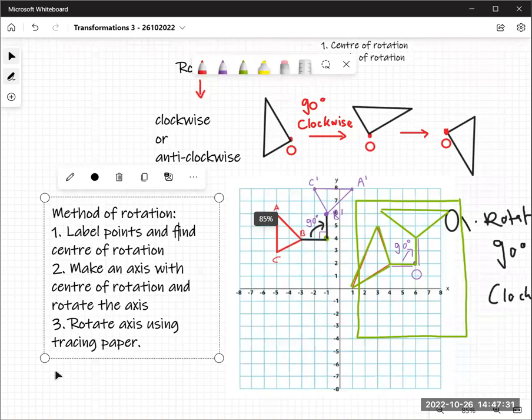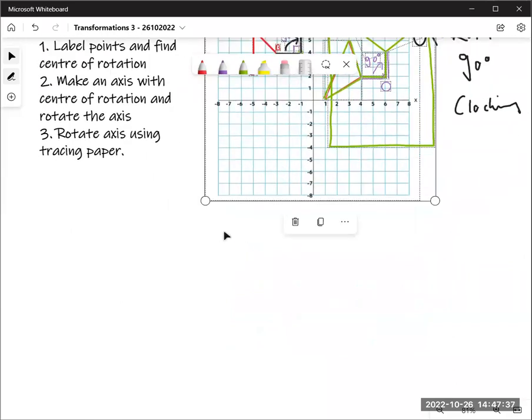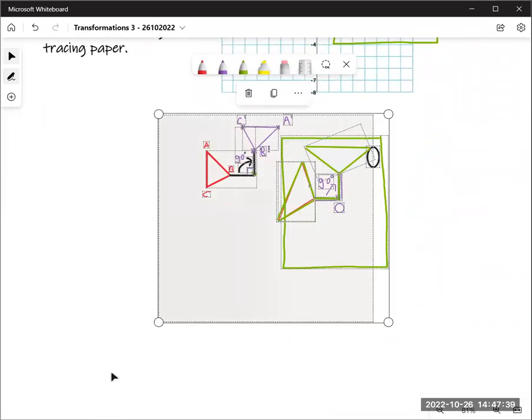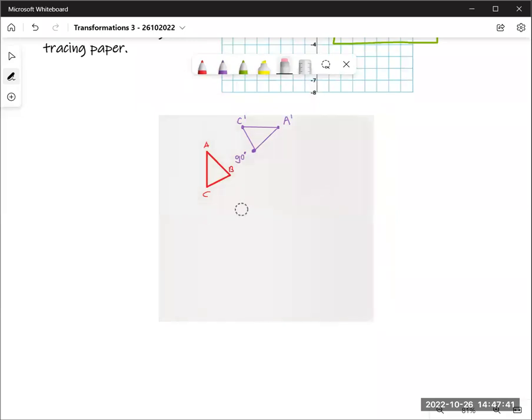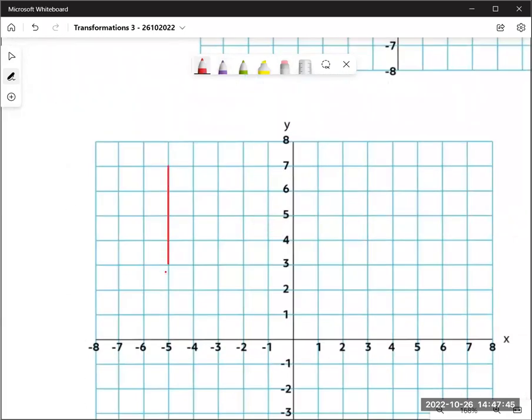Now, also label the points as well. Next thing is, let's try some questions on your own. Tell me if you're able to do it. How do we find the center of rotation?